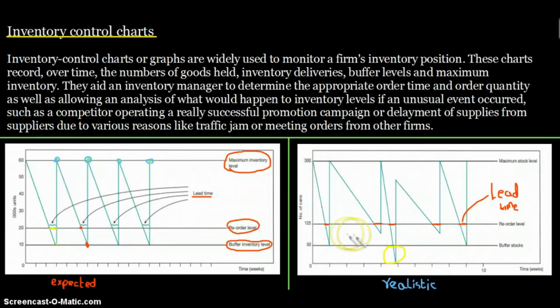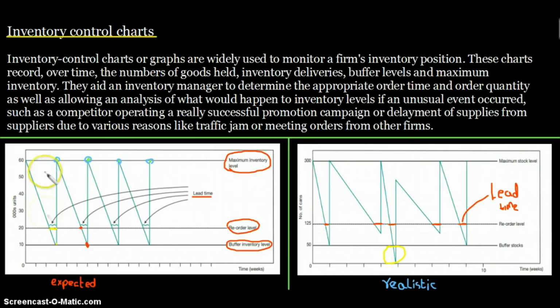So if you look at this previous example, suppose this point was not given. We knew the reorder level, we knew the buffer inventory level, and we just knew the graph. When we had to calculate maximum inventory level, we look at the buffer inventory level and the stocks that are being ordered. If you see the stocks that are ordered, at the reorder level of 20,000 we order, and we get to 60,000.